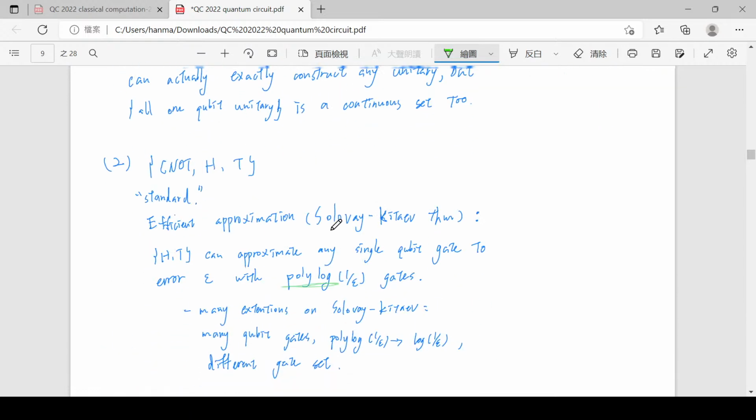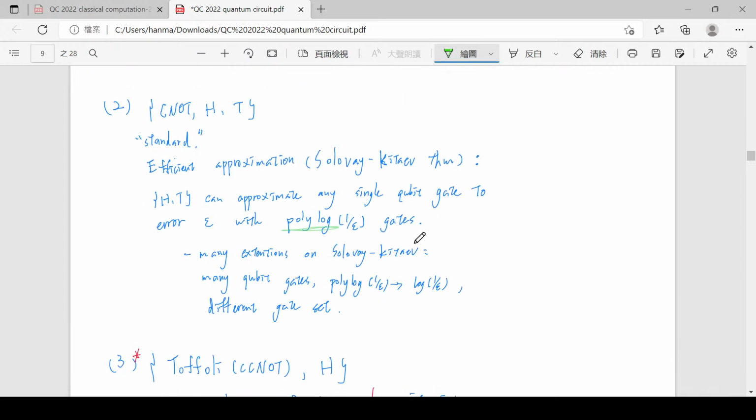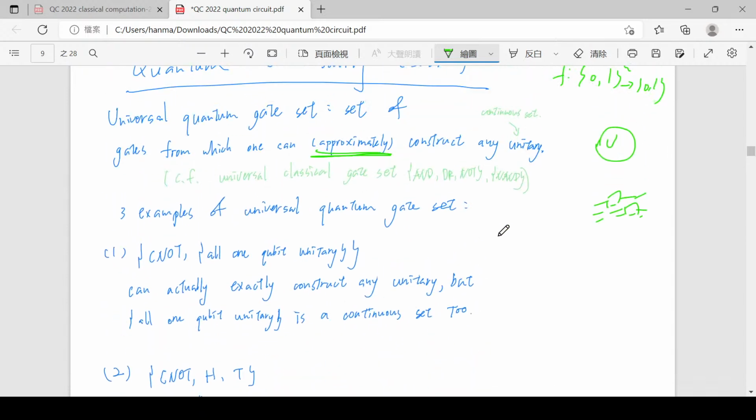Well, there are basically 3 sets of universal quantum gates that people want to think about and use. Okay, let's talk about this first.